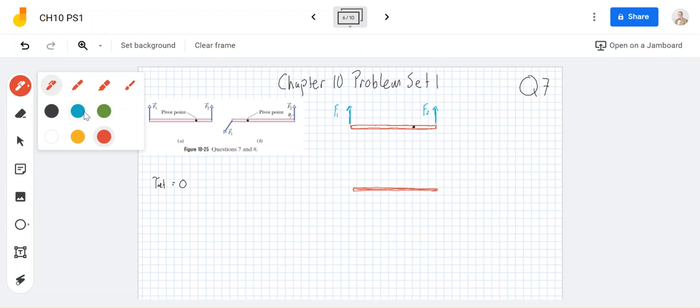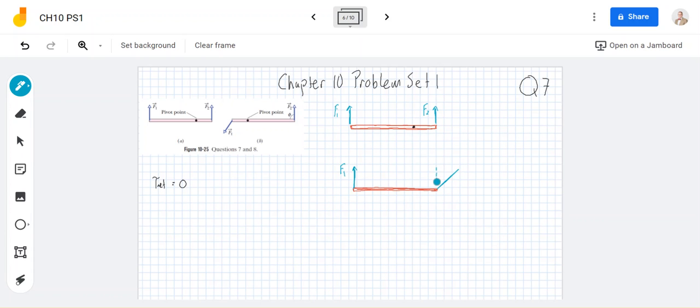F1 is going to stay the same, so let's put that in. But we're going to start changing the angle of F2. So now F2 is somehow over here, and we're changing the angle. But if the net torque is equal to 0, then the torques still have to balance.